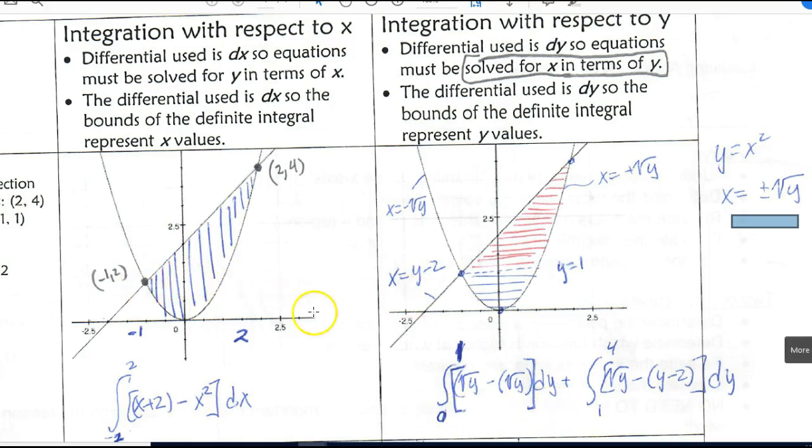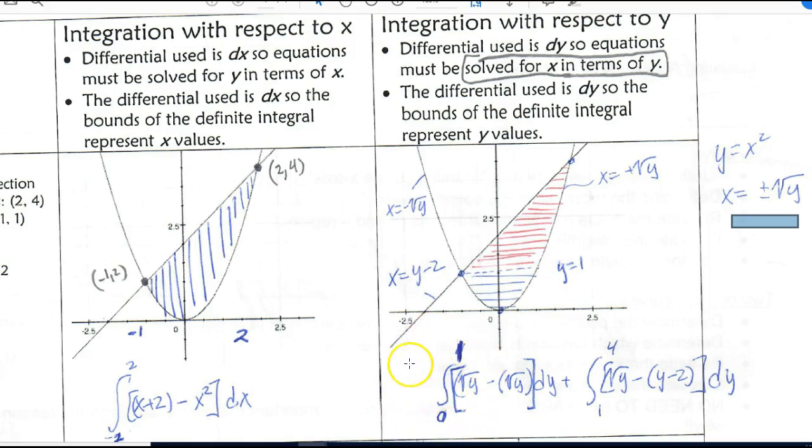So now everything's going to be in terms of y. Now I notice that there is an intersection point here. So I need to integrate the blue area because that's where the first intersection occurs. So the interval for y is going to be from 0 to 1. That's where that intersection is.